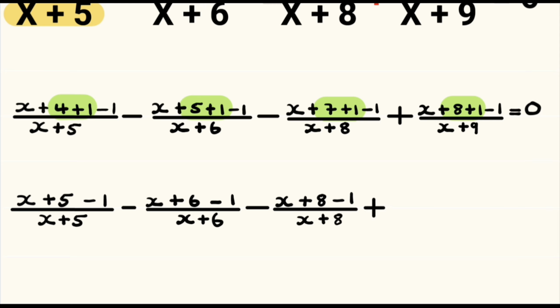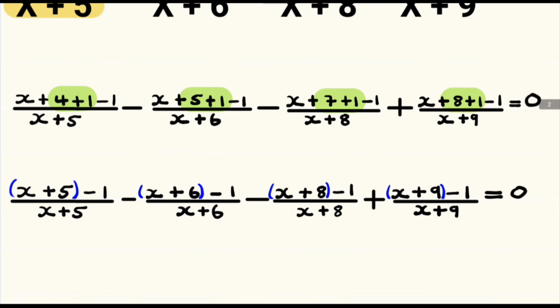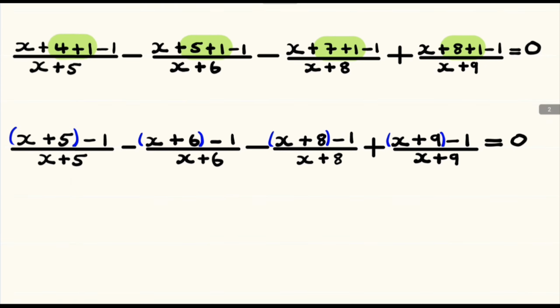We have that 8 plus 1, which is equal to 9 minus 1. This is divided by x plus 9. We equate it to 0. So we have the x plus 5 and also that x plus 6 and also that x plus 8 and that x plus 9, and they match what we have in the denominator.